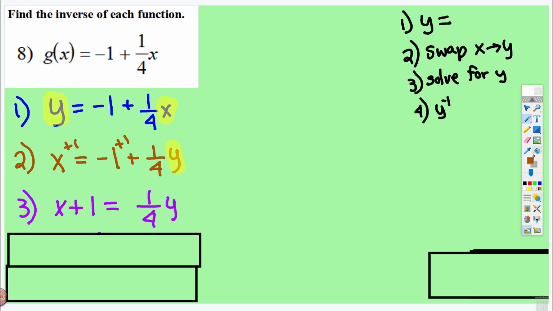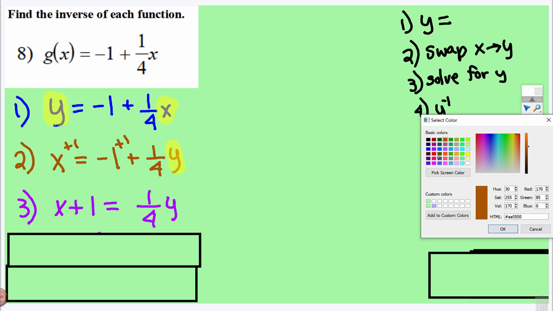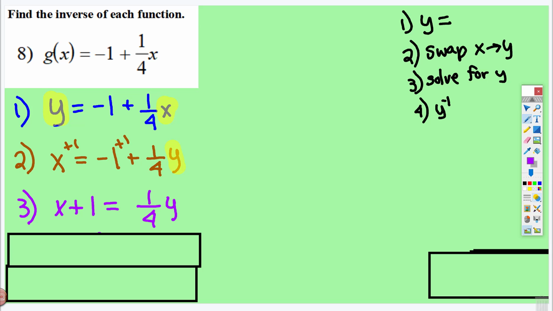And then how do we get rid of an attached multiplying 1/4? You multiply by the reciprocal, 4, or 4 over 1. Those cancel. When you multiply this side, since there's a plus there, could be a minus, you have to put parentheses around it, and now you have to multiply 4 by each thing.